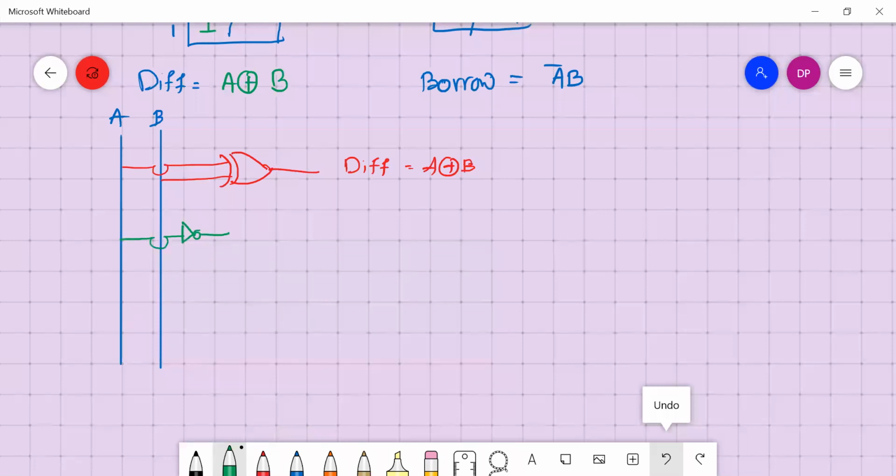So this is A complement, and take B, and these two should be ANDed. So this is the borrow, which is equal to A complement B, right? So this is the circuit for the half subtractor.